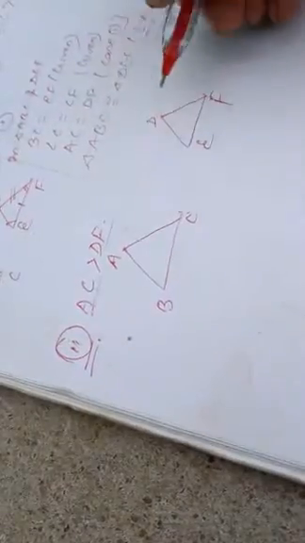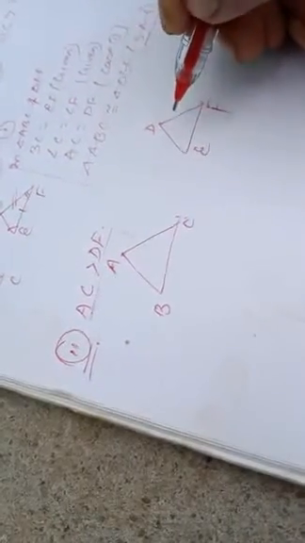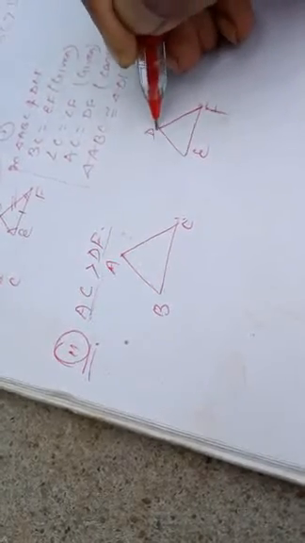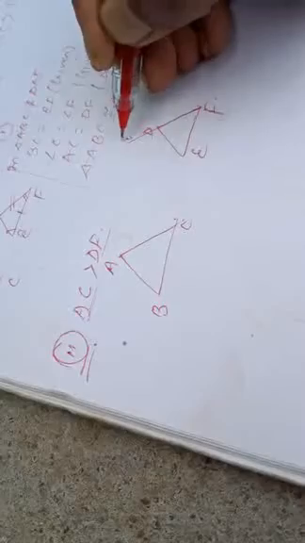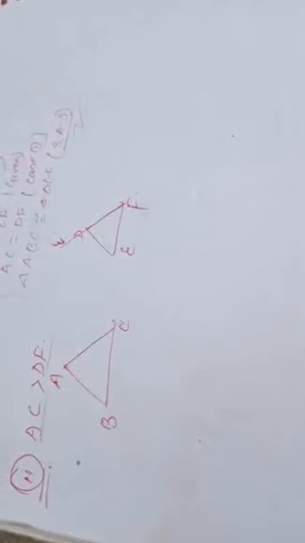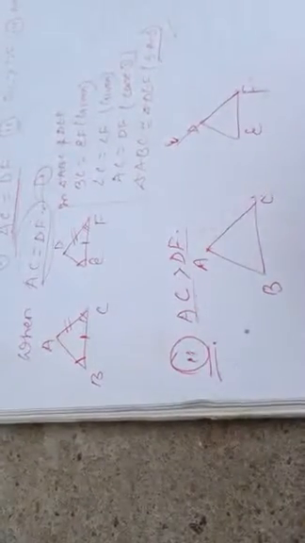In this case, what we do is increase the side DF until it becomes equal to AC. Means we will increase FD to some point, such that it becomes equal to AC.